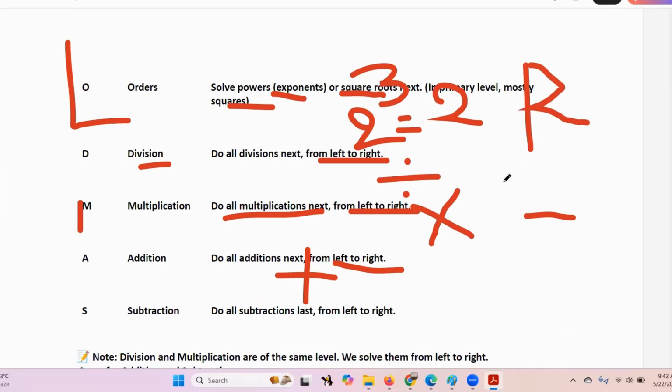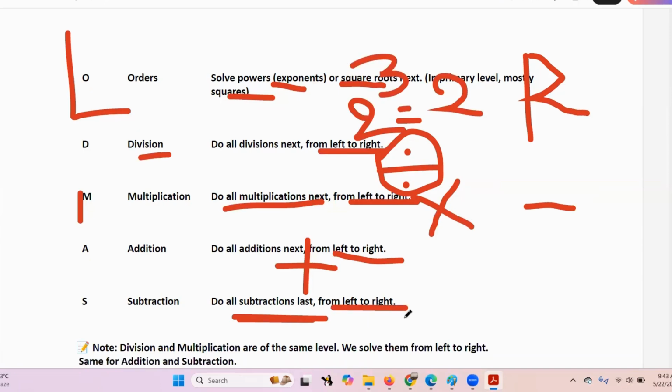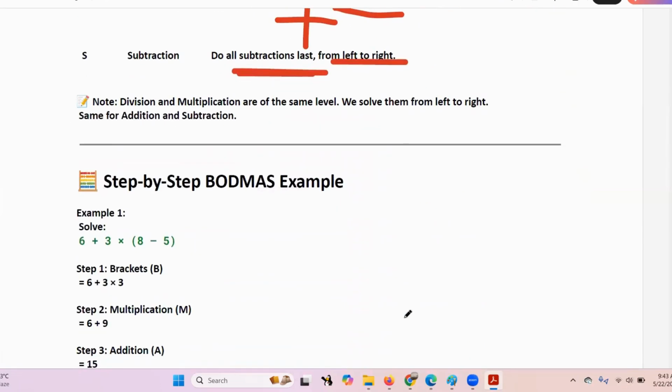And then the last one is subtraction, also from left to right. This is the sign of subtraction, and this is division. That will also come from left to right.